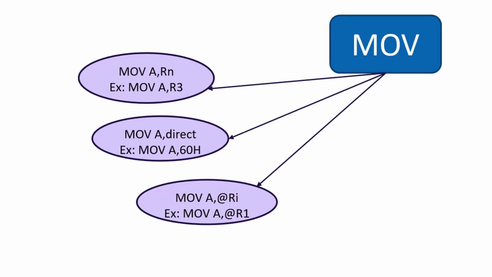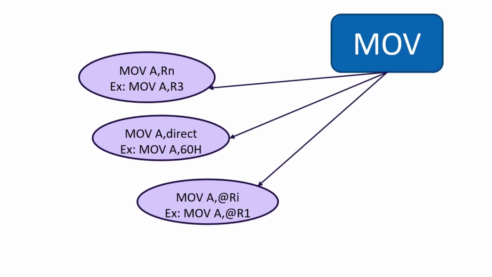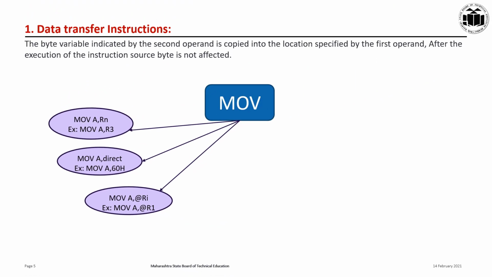MOV A, @Ri. This instruction is used to move the content of a memory location pointed to by register Ri to the accumulator. Ri indicates register R0 or R1. Only registers R0 and R1 are allowed in this move.